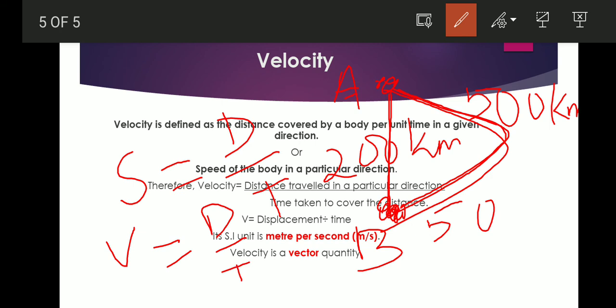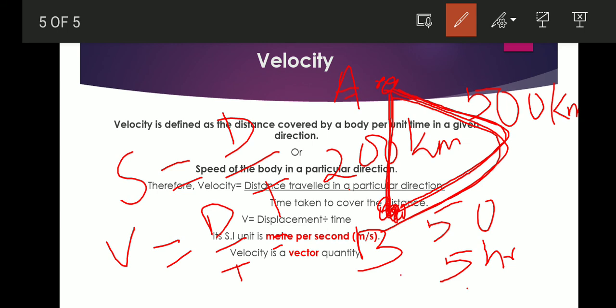Here your displacement is 200 kilometer, but the path that you have covered is 500 kilometer. Let's say your time taken is 5 hours. Then velocity will be 200 divided by 5, which is 40 kilometer per hour towards the west. That will be your velocity.